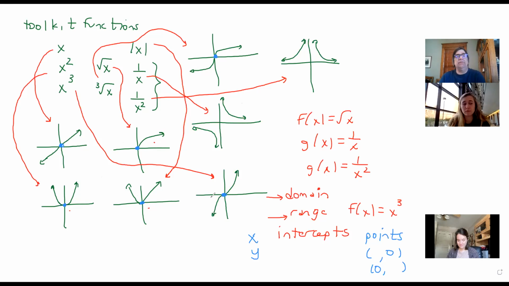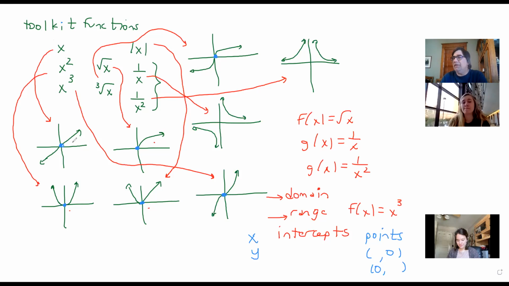One of the things we'll be doing, I think it's section 1.5, talks about transforming graphs and coming up with new functions, starting with the graph like this, moving it left or right, moving it up or down, flipping the graphs, stretching graphs, and shrinking graphs. If you know what the toolkit function looks like in the beginning, you could then apply a series of transformations to get a new graph.